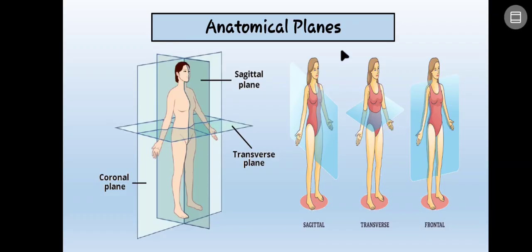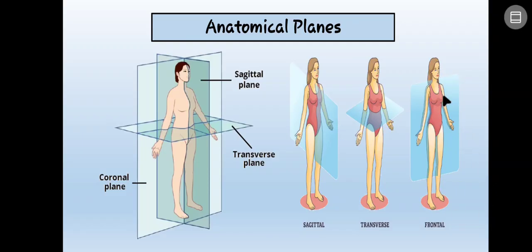Okay, the sagittal plane will divide the body and give us two lateral portions, the right lateral and then the left lateral portion. That is why we call it the lateral plane.